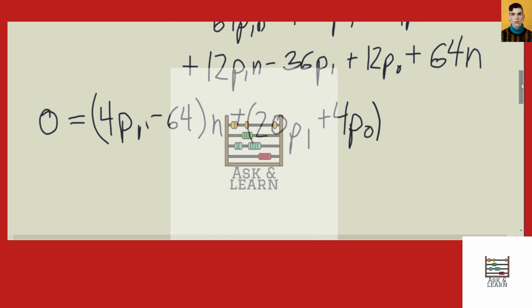And so it follows the coefficients of this polynomial are 0. So we have that P1 is equal to 64 over 4, which is 16. And we have that P0 is equal to negative 20 over 4, which is negative 5.